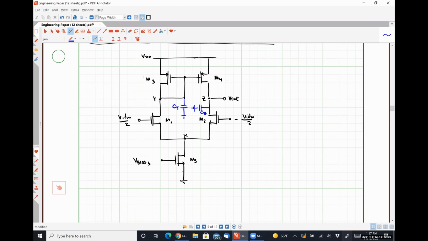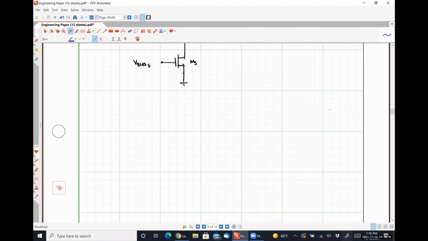Now we're just simplifying things so that we don't have 15 capacitances to deal with. We have 2. Makes life a little bit easier, right? So this circuit with these simplifications will have the following small signal model. So this will be R out 3.